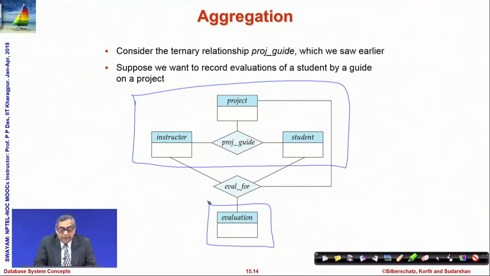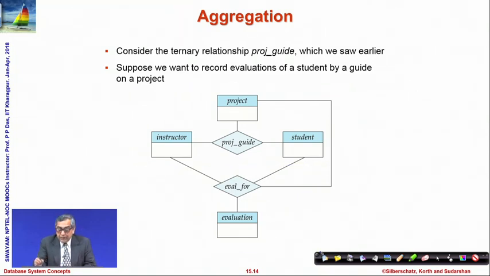Naturally, the evaluation of a student will be dependent on the project, the student and the supervisor, and that will relate to the evaluation. So, the relationship eval for is necessarily a relationship between 4 entity sets, so to say.